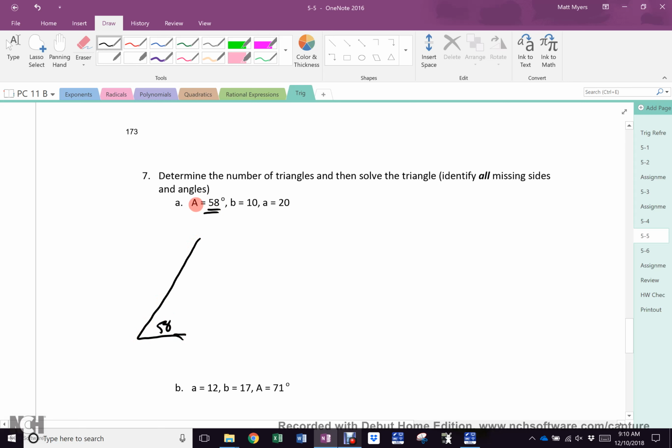If that's angle A, then little a is over here, somewhere over here. We know B is 10, right? Well, the only side we have that we can work with is to make that 10, yeah? So that's little b. So that puts big B somewhere out here, agreed?